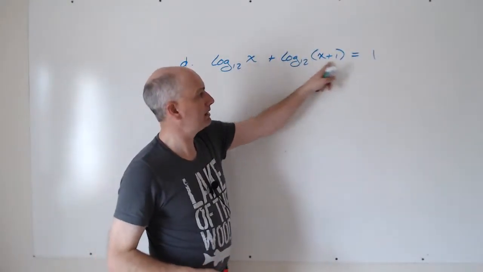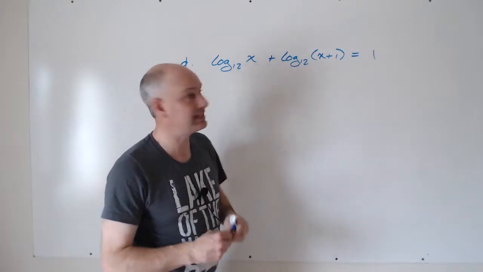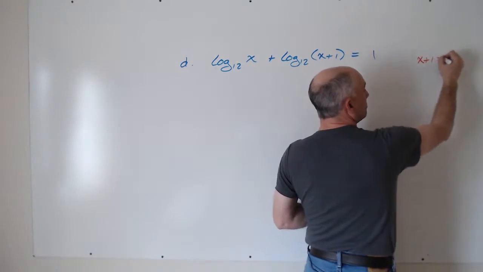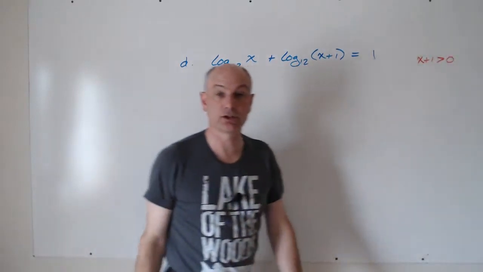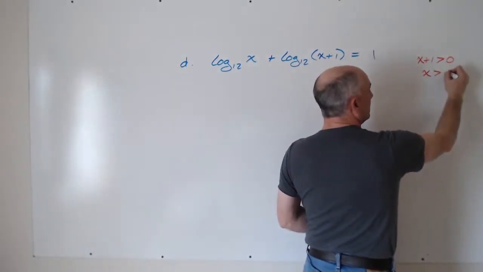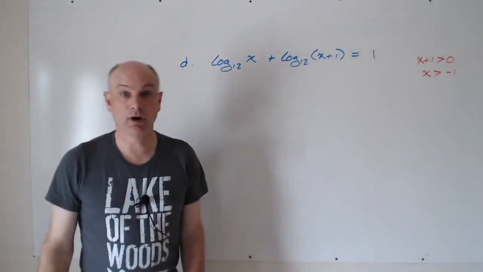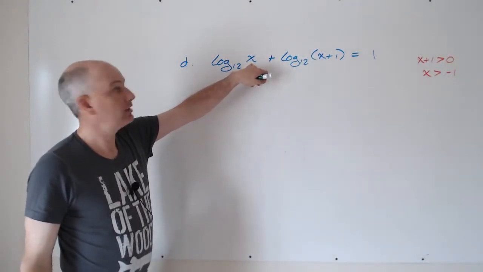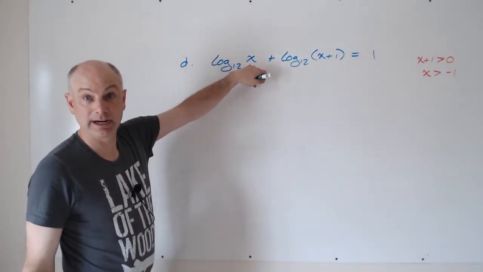So I've got to be looking at x plus 1 and saying if it's positive, it's got to be greater than 0. Therefore, any answer that I get has to be greater than negative 1. Now you'll notice, in this case, I've got to look at x as well. x has to be greater than 0.